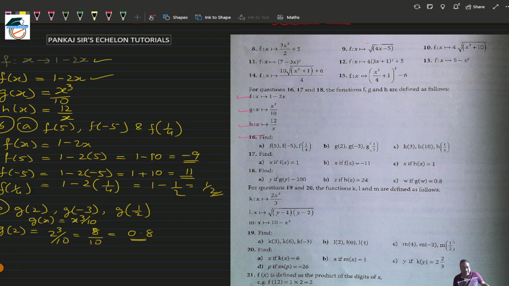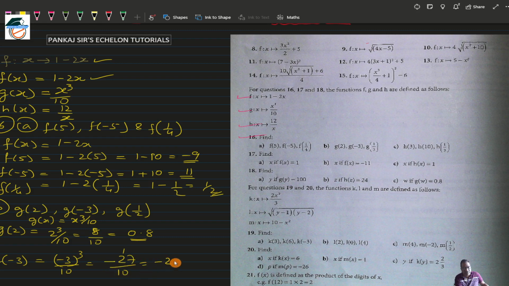Okay. And g of minus 3 should be minus 3 raised to 3 upon 10. So minus into minus into minus will be minus. 3 3s are 9, 3 9s are 27. Okay. Minus 27 upon 10.